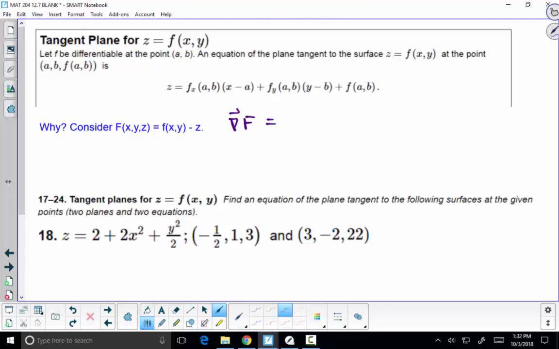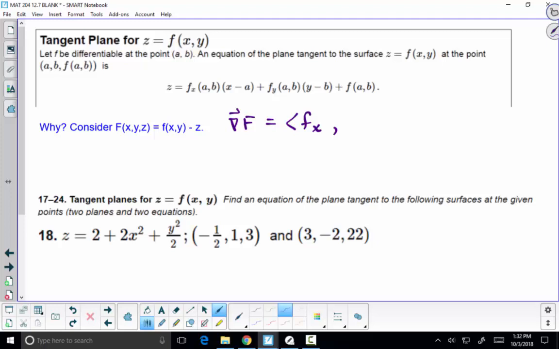So the gradient of capital F is the partial with respect to x of the right-hand side. So that's going to be f sub x, comma. The partial of the right-hand side with respect to x is really just the partial of this with respect to x. That's a z. There's no x's there. That's the independent variable z.